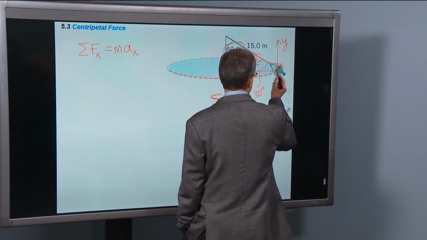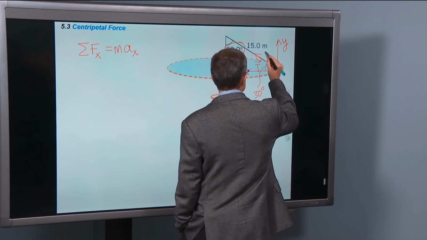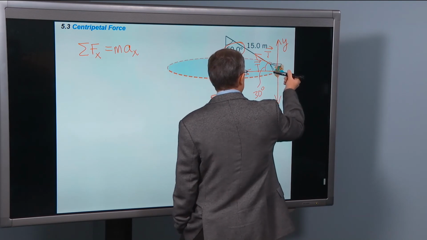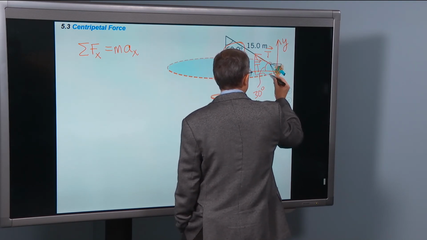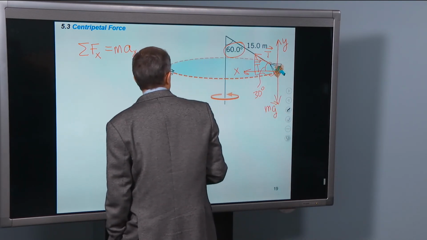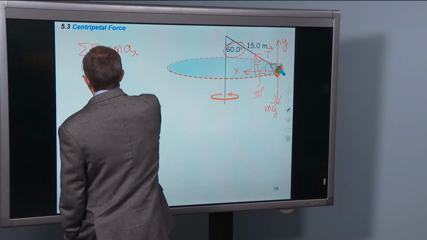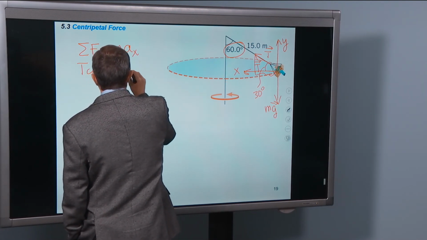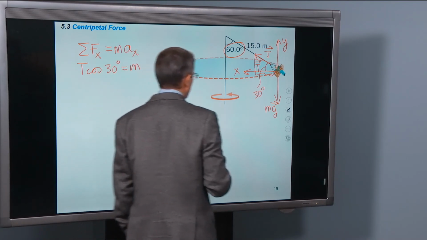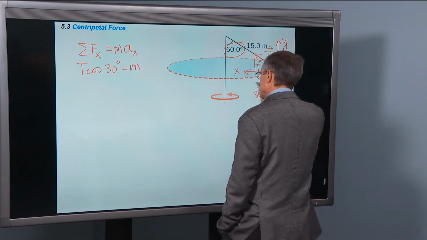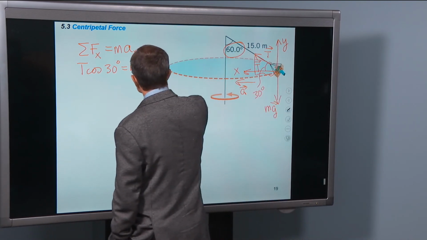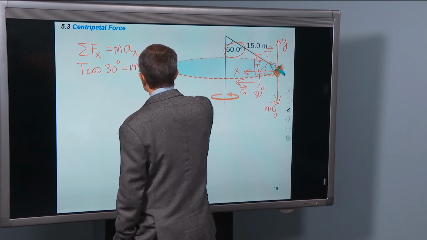There's the x component of this tension. This is the tension up here that acts at an angle of 30 degrees. And I want its x component. So that's going to involve the cosine, T cosine of 30 degrees is mass times acceleration in the x direction. Well, the acceleration is in the x direction, and its magnitude is v squared over r.